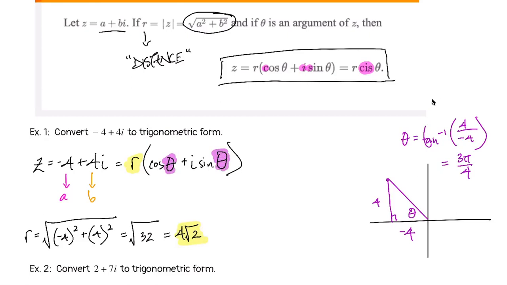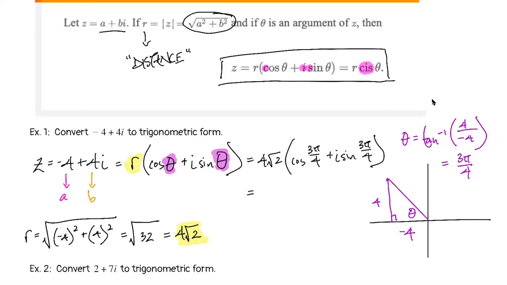Okay. And so the trig form of this complex number is 4 root 2 cosine of 3 pi over 4 plus i sine 3 pi over 4. Okay, that's one way of writing it.